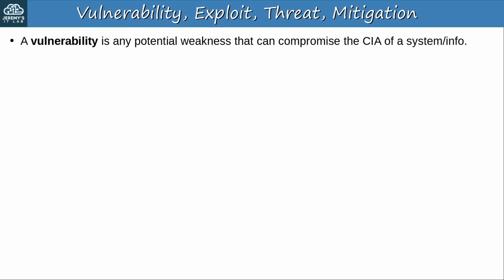In addition to the CIA Triad, there are some fundamental security concepts you should understand, and these are explicitly stated in the exam topics. First, a vulnerability is any potential weakness that can compromise the CIA of a system or information. But keep in mind, a potential weakness on its own isn't a problem.